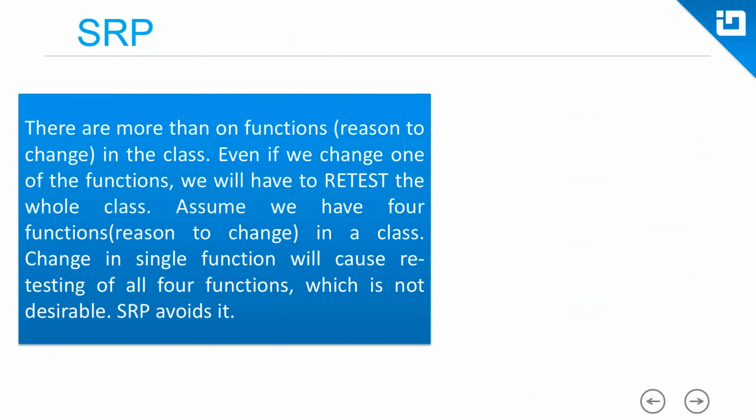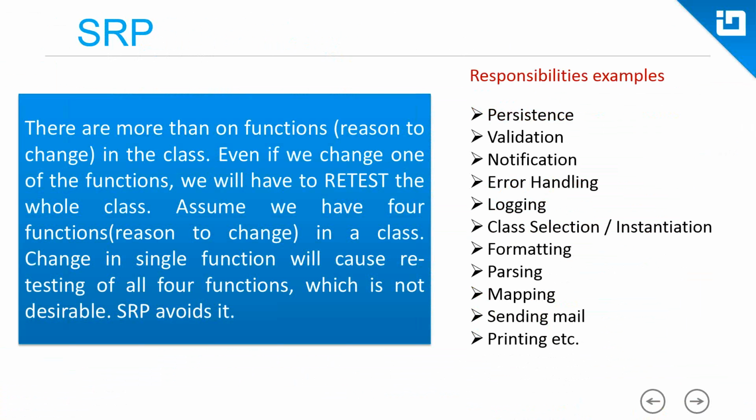But if we have created a class which is not following SRP, we have to retest all the functions, even those which are not modified, right? Responsibilities could be persisting data, validating, notification, error handling, logging, parsing, mapping, sending mail, printing, etc. If you do these tasks in your class, they are separate responsibilities.